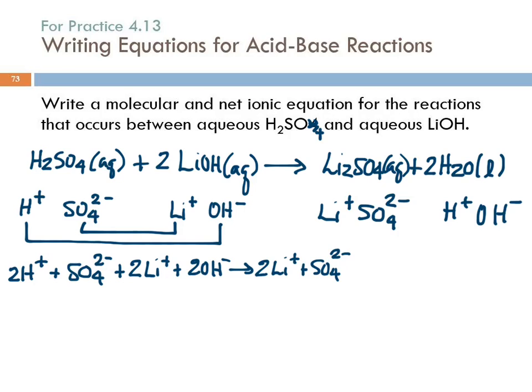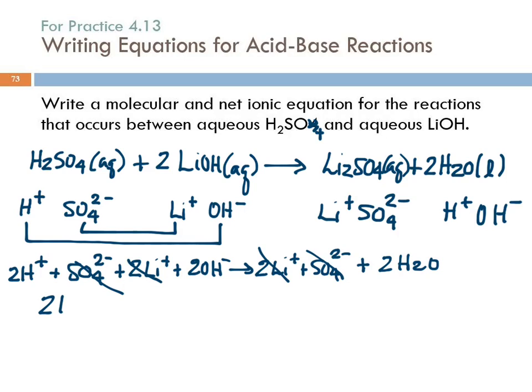And then would I separate water into ions? No, because of its state symbol, it's a liquid. Only aqueous things, and then only strong acids. I'm separating this one because it's a strong acid. Plus, got to keep the numbers, 2H2O. Now we can see that the sulfates didn't change, and the lithiums didn't change.